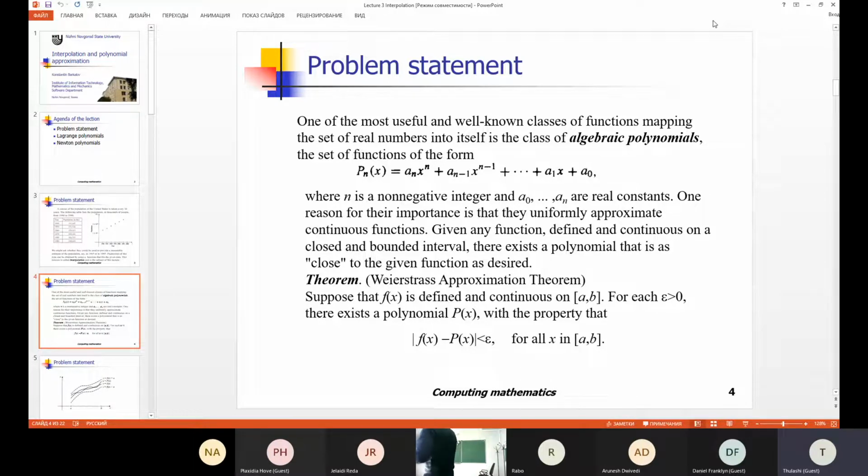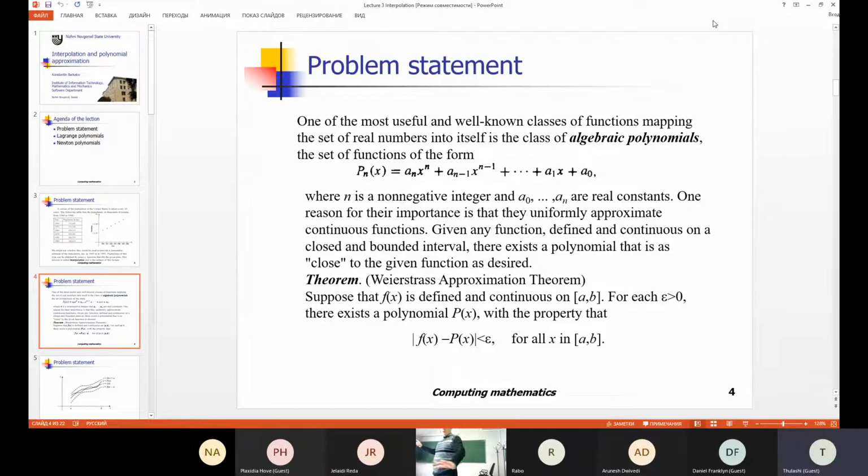The polynomial of degree 3, 2, or 4, I don't know, but I know that this polynomial exists. This important fact is proved by the so-called Weierstrass approximation theorem.